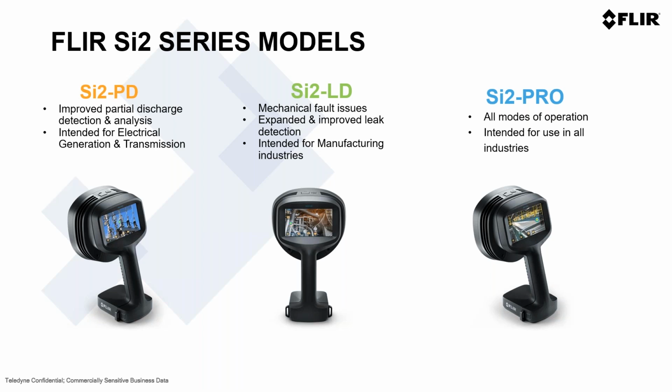And then this same camera, the SI2LD, has a mechanical fault detection mode, which is basically spotting potential mechanical faults in bearings, conveyor belts, motors, gearboxes, any kind of rotational elements in industrial environments.